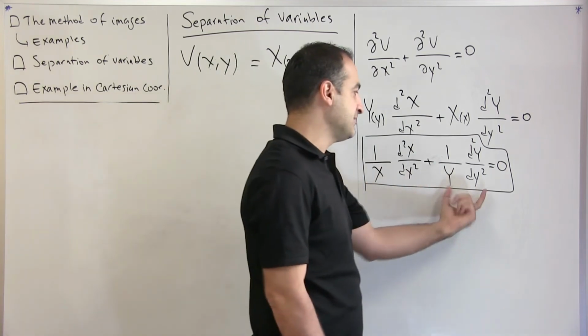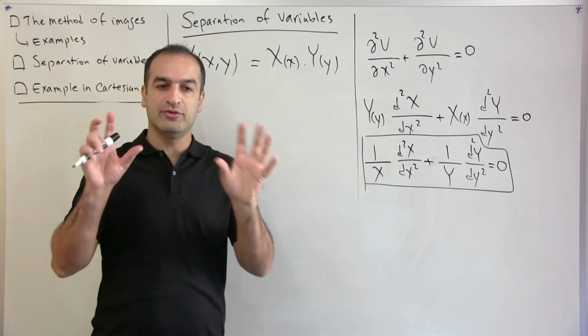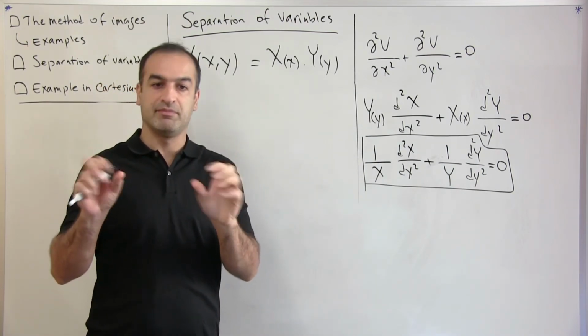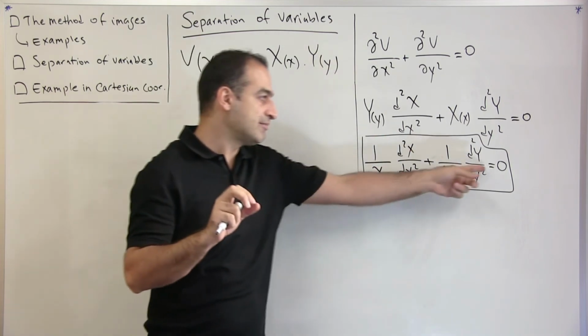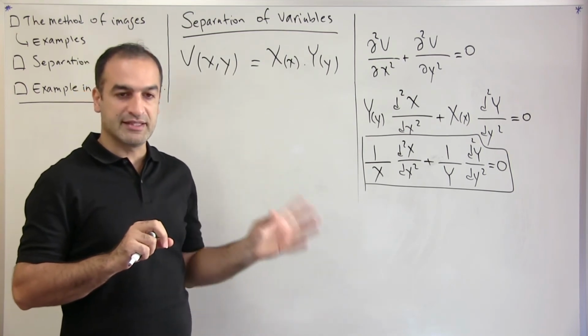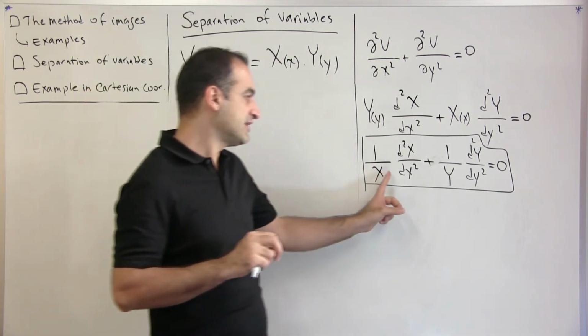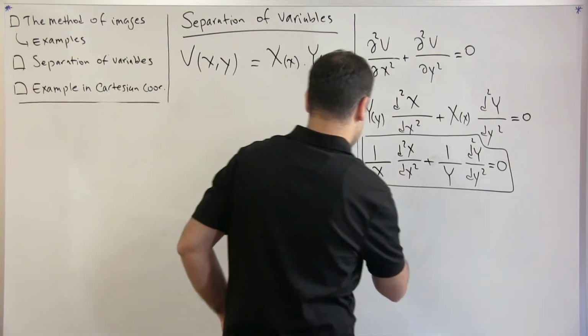And the second term is only a function of y. There's no x dependence. So we have two separate functions of separate variables, x and y. If you add them up, that becomes 0. There is no way you can have this condition unless each of them is equal to a constant, and the combination of those constants is 0.